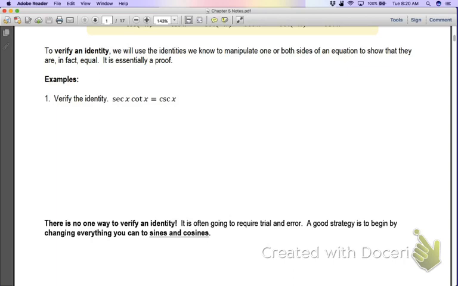Okay, so if I go 1 over cosecant of x, what's another way of writing cotangent? Tangent was sine over cosine, so what was cotangent? Cosine over sine?